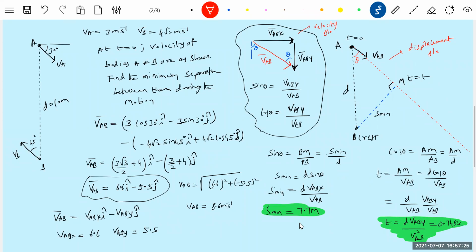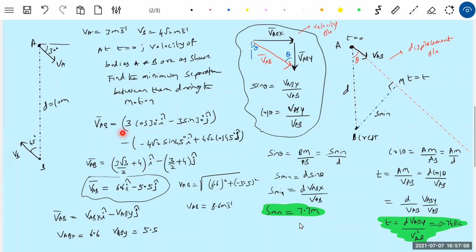Excuse me, sir, could you please tell how you got minus 4 root 2 sin theta i cap in that first step? Minus 4 root 2, this one, sin theta? Yes, sir, it is resolving of vectors: sin 45 i cap, sin 45 j cap.